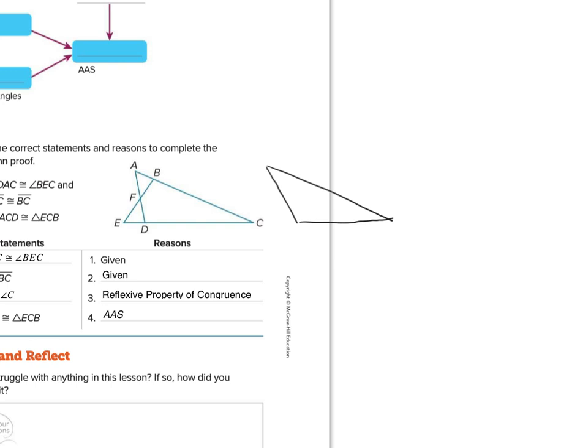It was something like this. And then we have C, D, E, B, A, and somewhere here we have an F.